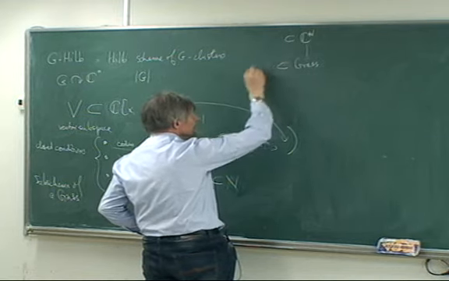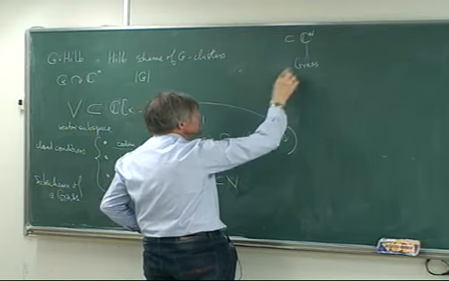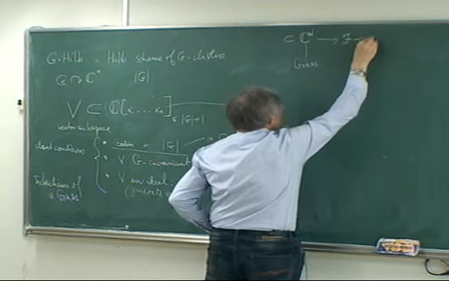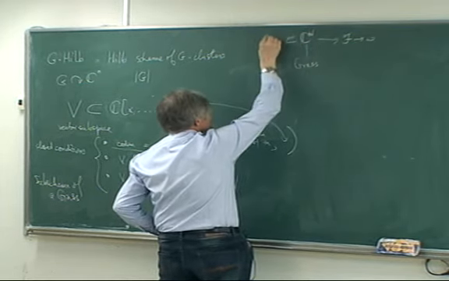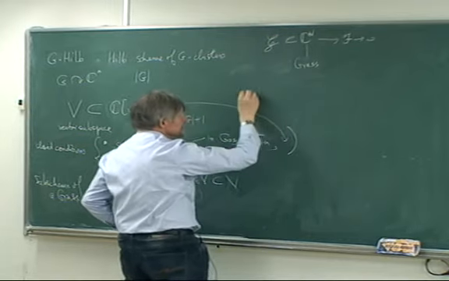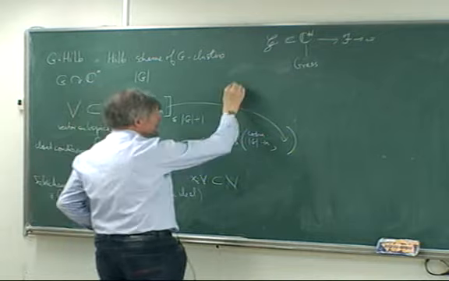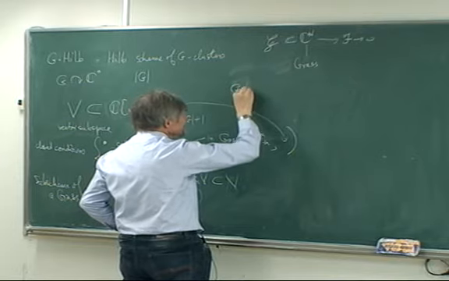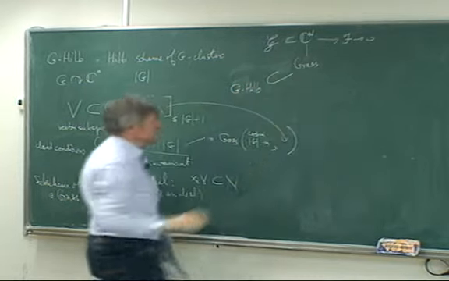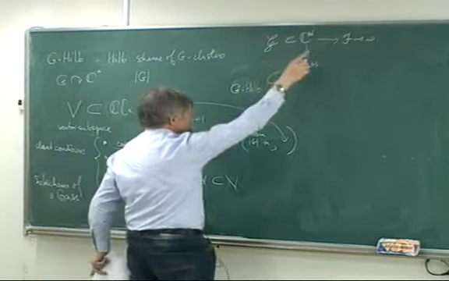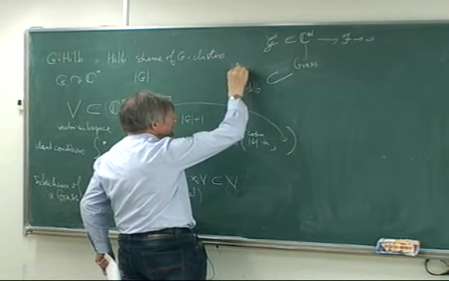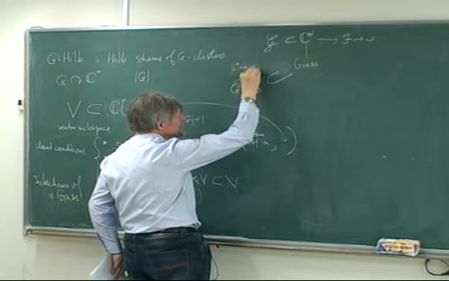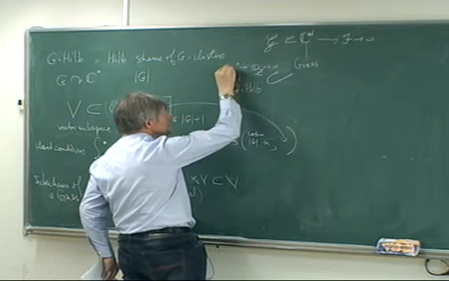As I move around G-Hilb, I have a sheaf F and a subsheaf G. I restrict this to my subscheme, I get C^n, and I get a quotient, which I'm going to write O_Z.